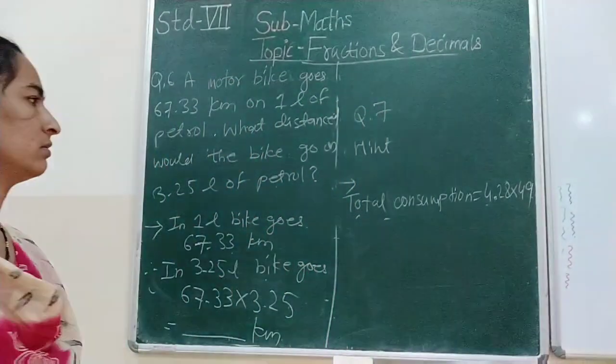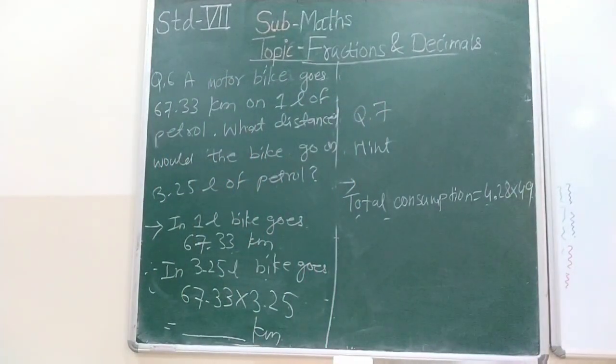Okay, the next. Mohan bought 2.5 kg of rice at 36.30 per kg, 4 kg of apples at 50.50 per kg, and filled his car with 12.39 liter of petrol at rupees 79.03 per liter.